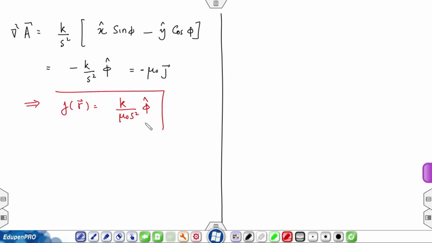That is the answer. So, I did this problem, which is a very simple straightforward problem, but you should not fall into the trap that given phi unit vector that everything is 0. You have to be careful.